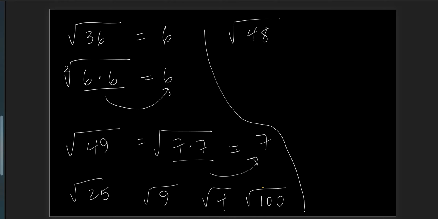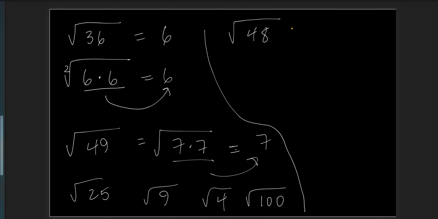So just to start off with something we know, which is these basic square root values here. What if we have square root of 48? Now 48 is not a perfect root number, but you might be asked to simplify this radical. You can't just pull out your calculator and push it in, because you'll come up with a decimal value. We do have that in some math courses, but I don't think we do that in this one. So we have to actually simplify this, where we'll have a radical in our answer.